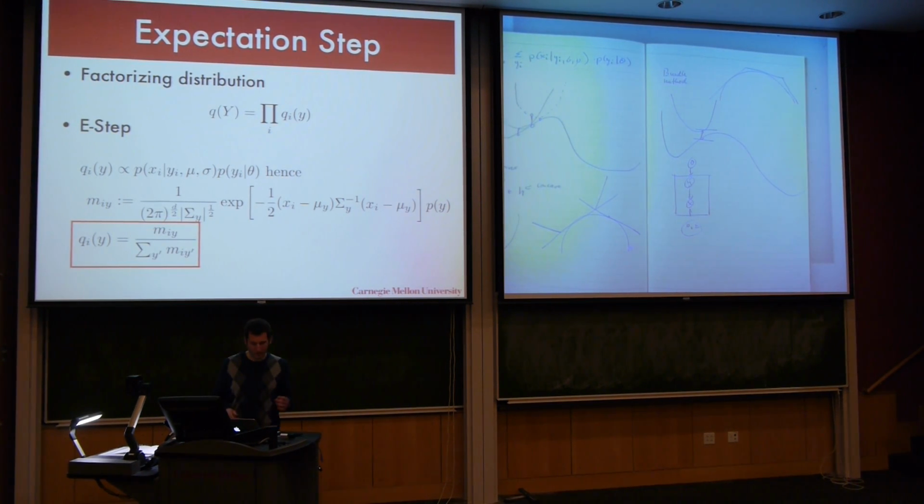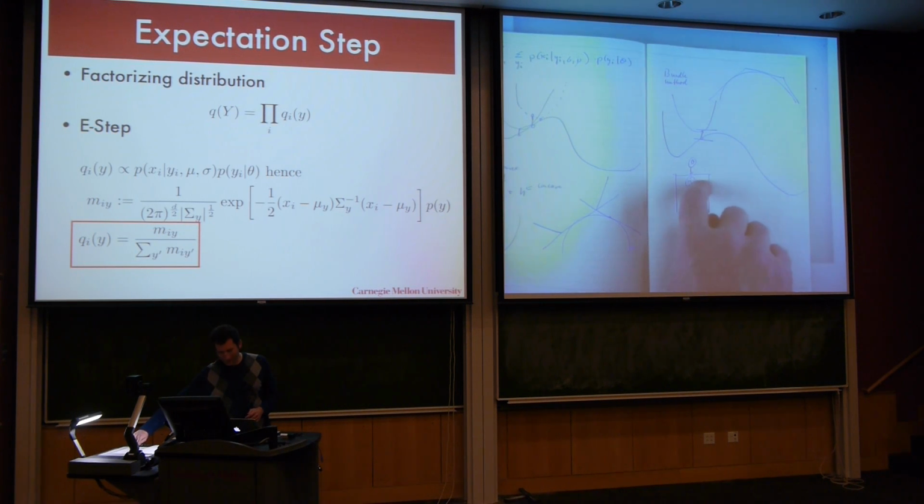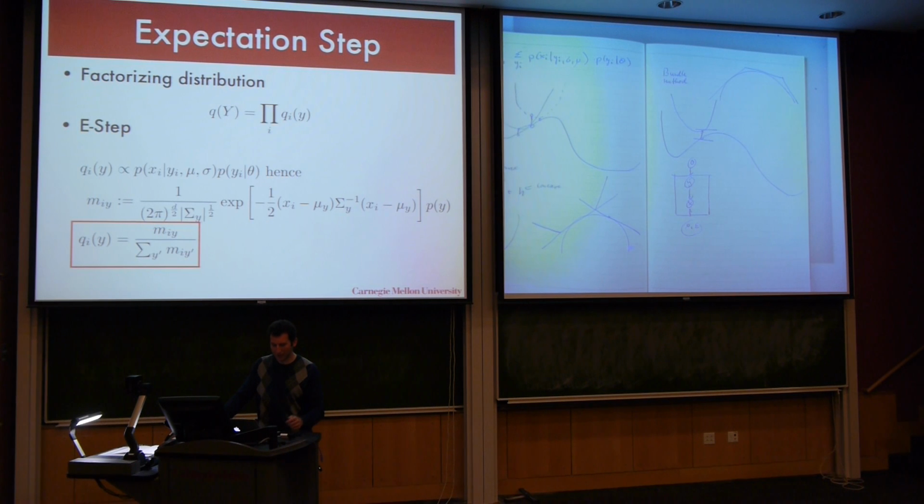So in this case, those y's nicely factorize, and so I can work out by Bayes rule that this is proportional to P of xi given yi times P of yi. So in other words, I just check how well a particular cluster fits that particular observation. And you get that here. And so then I just renormalize and I get the Qi's.